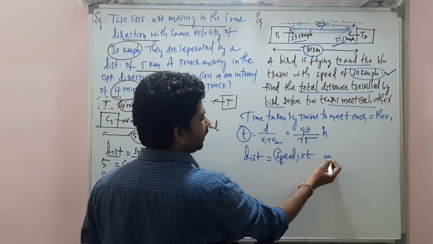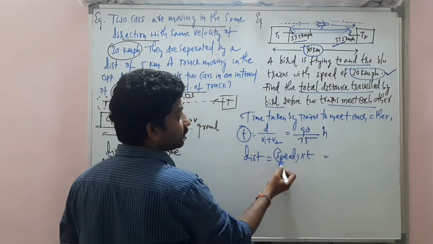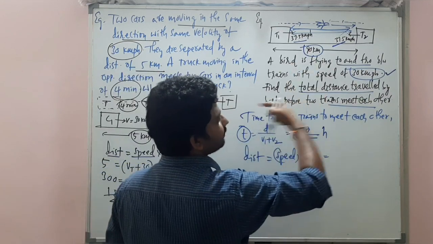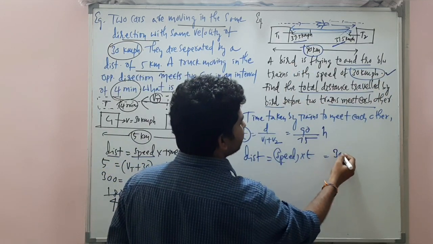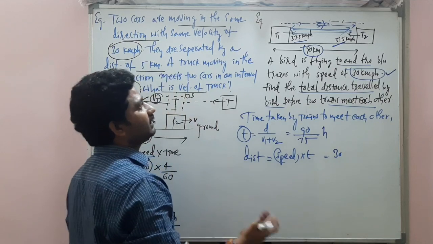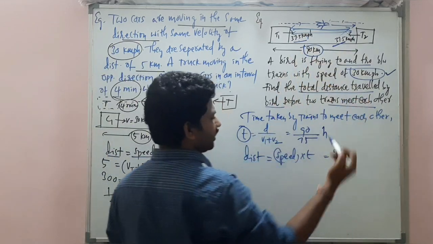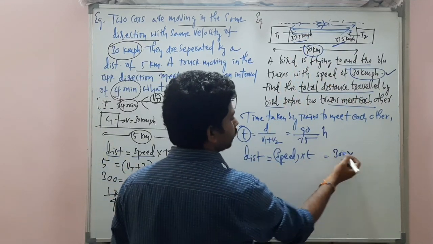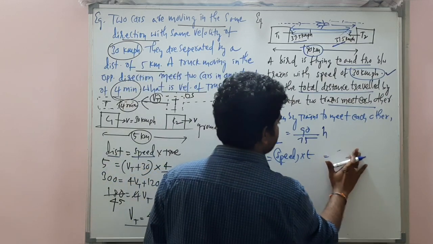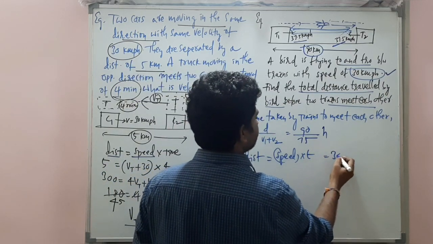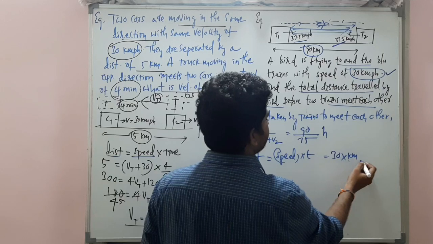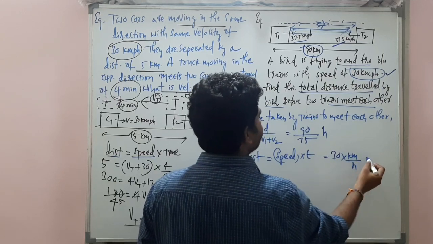So what is the speed? Speed of this bird. With the same speed it is moving, right? So it is 30 kilometers per hour. Everything is in kilometers per hour only. I am just keeping it as it is. So 30 kilometer per hour into time.